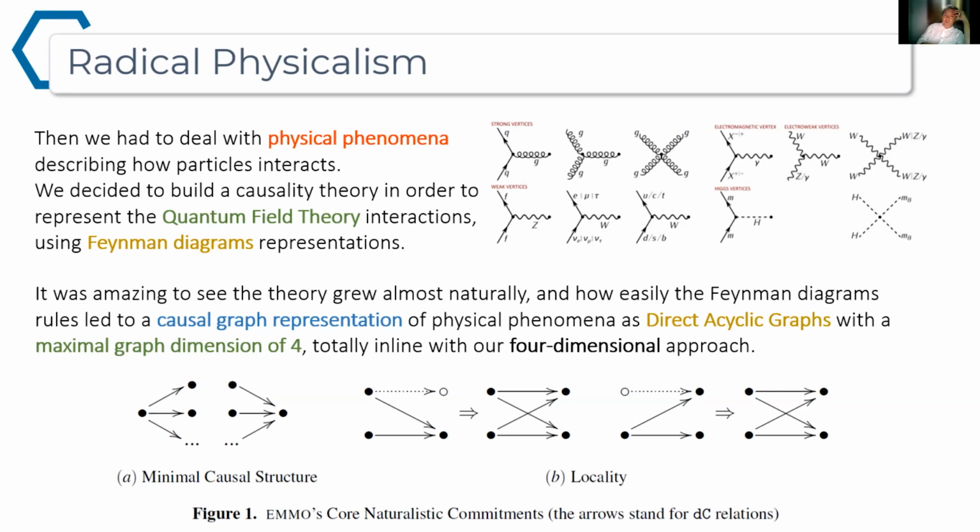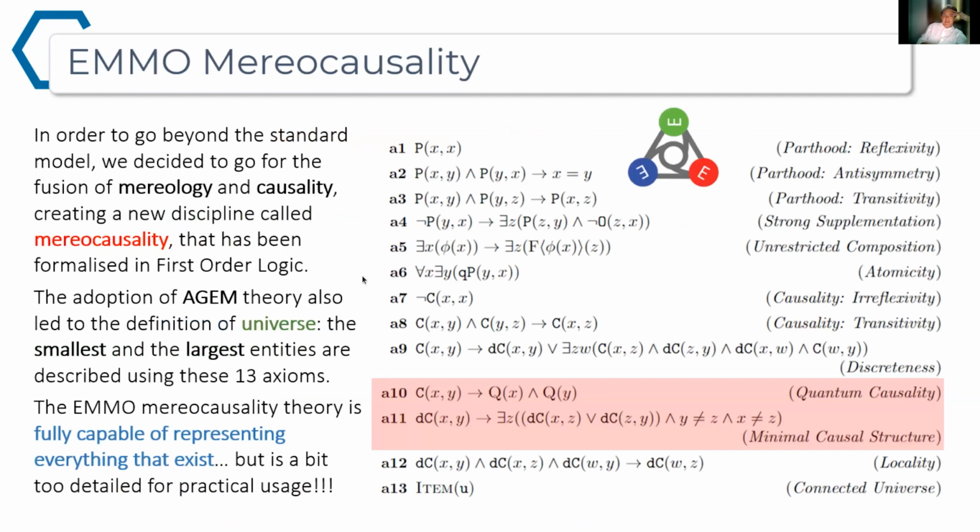So in this way, we created a causal system that can represent things using a directed acyclic graph. So in the EMMO, things are represented as causal nodes that are connected using causal relations. And this is a fundamental axiom that makes up the EMMO ontologies, expressed in first order logic.